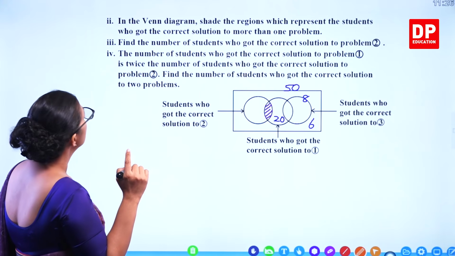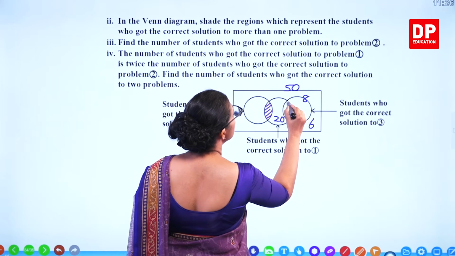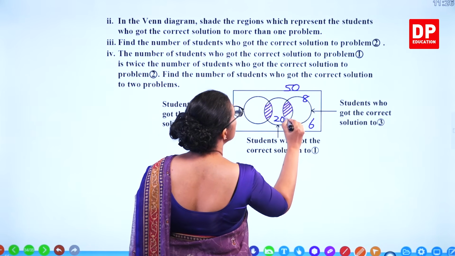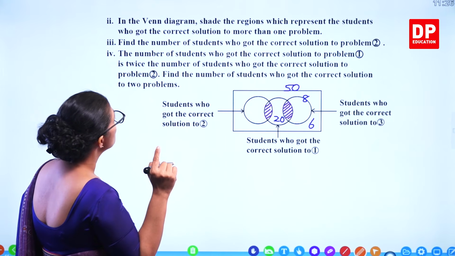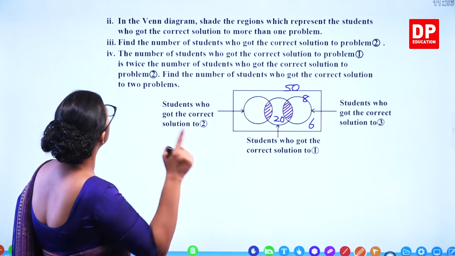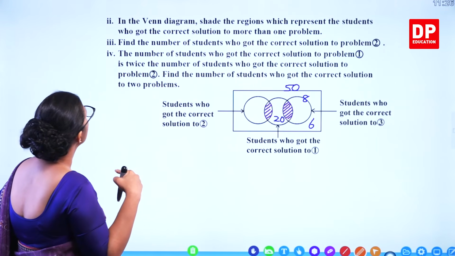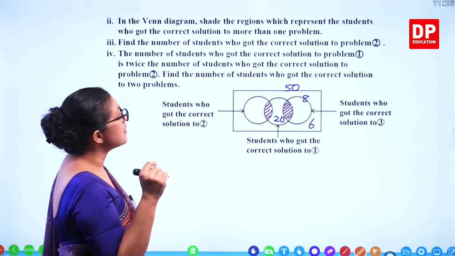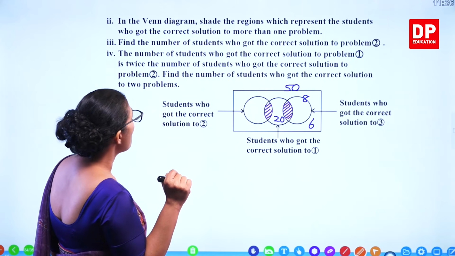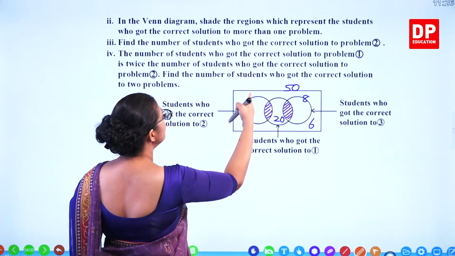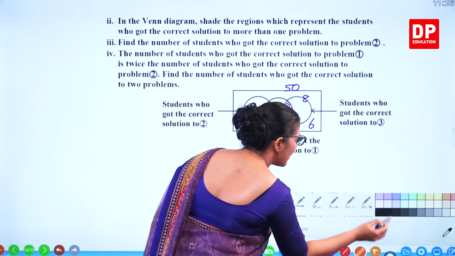And question number 1 and 3, this part also more than 1. So find the number of students who got the correct solution to problem 2. So first you need to shade this, that's this part. Find the number of students who got the correct solution to problem 2. Problem 2 is this one. So what is this circle? So you have to find out the value of that circle.